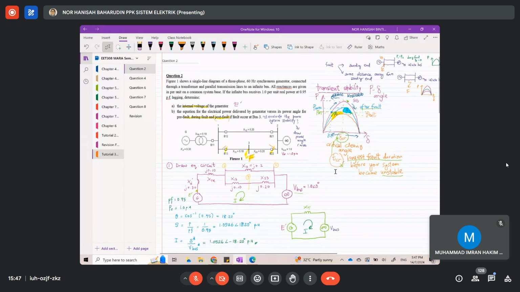So you should make sure that at any fault you have to remove the fault before this critical clearing time, because your system may lose its stability and it may damage your generator. It may cause blackout, loss of power supply to the load.